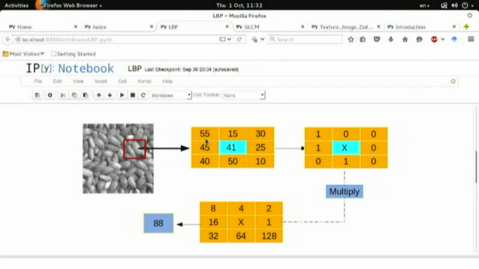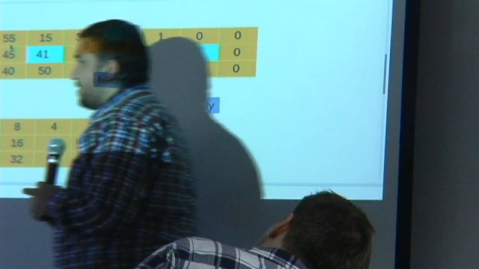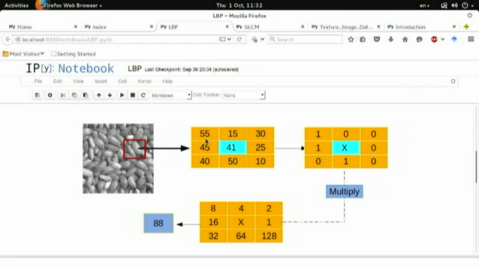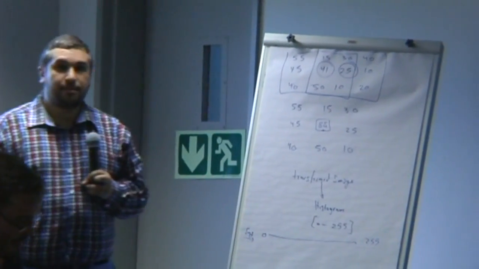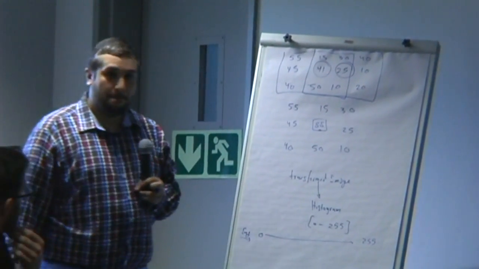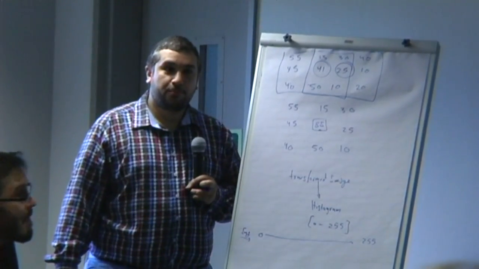What would be the maximum number if you had ones all over that matrix? Sorry? If you had ones all over that matrix, you get 255 maximum. Okay. If you had all ones in the matrix and you transform it with that binary conversion to a number, the maximum number would be 255.